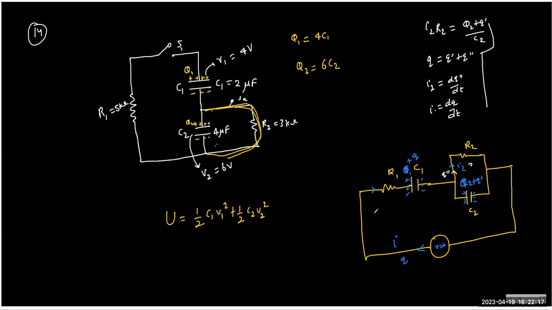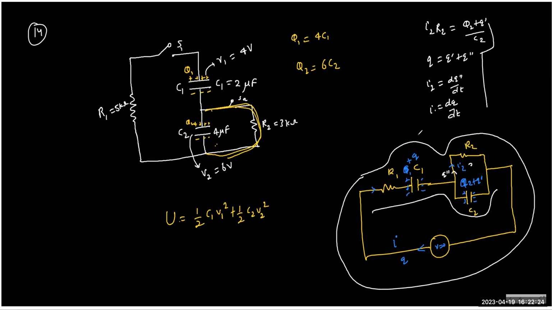And then we practice the entire KVL math from here. Review: minus I R1 minus Q1 plus Q by C1 minus I2 R2 equals 0.